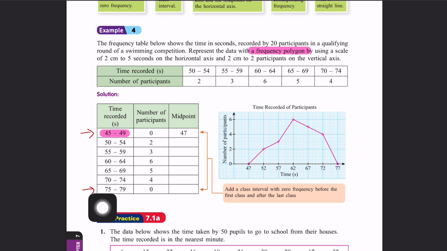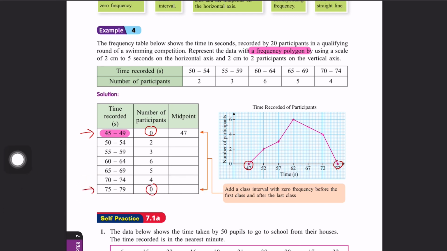So 75, 76, 77, 78, 79. So ada 5. Yang pasti kita tahu dia punya frekuensi is 0. Kenapa 0? Sebab dia mesti menyentuh tanah ni tadi. Ingat tak?